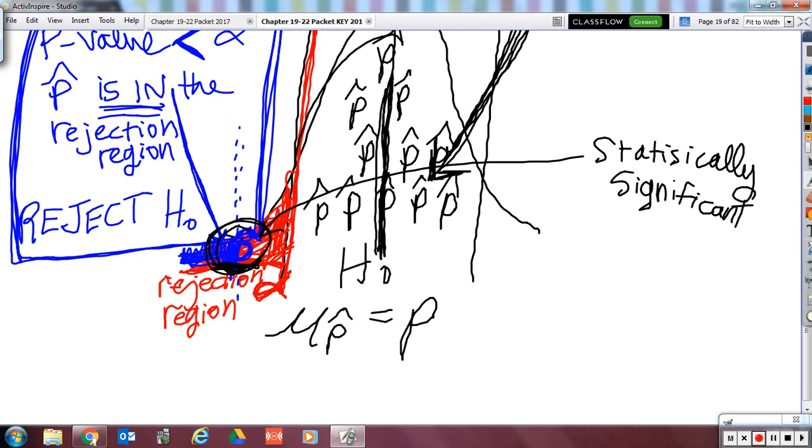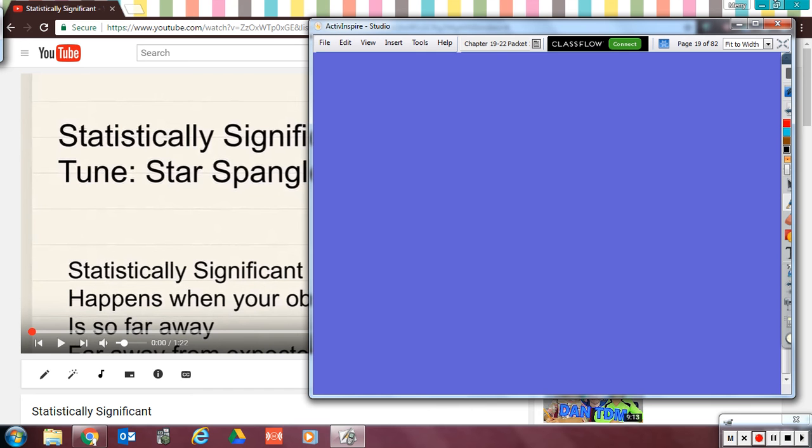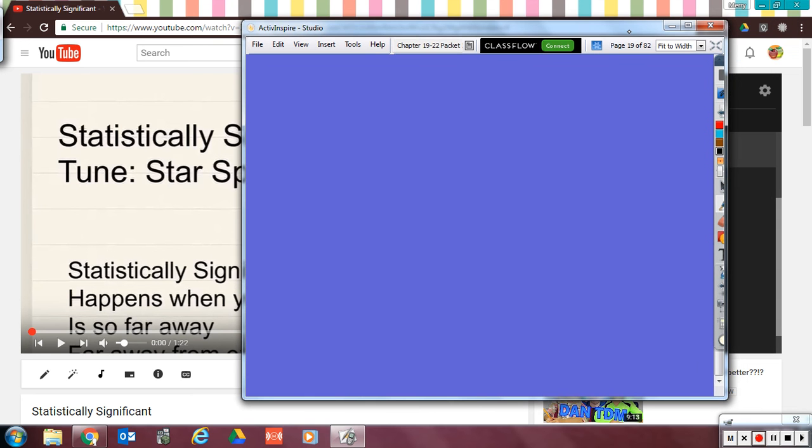All of these ones in the middle, those are the ones that happened because of chance, just because of sampling variability, because you got different data than me. So if my sample is in the rejection region, then the data that I got is statistically significant.